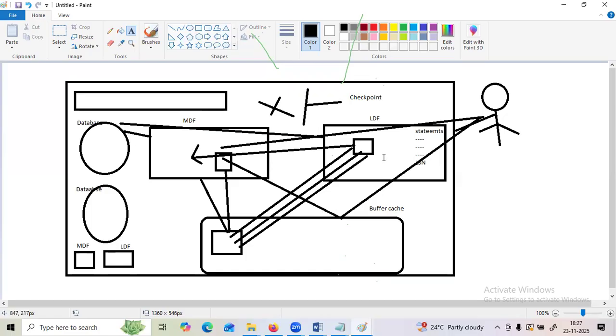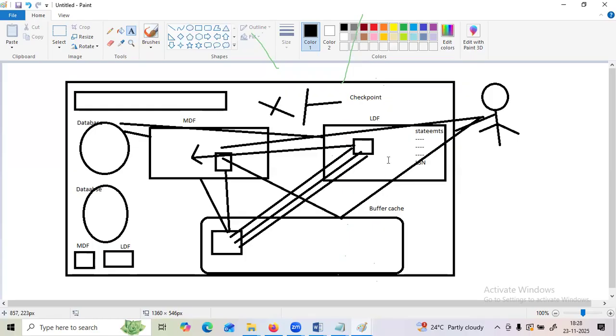Why a failure? A transaction came in and was kept in the buffer cache and in the LDF. In between, the system crashed or restarted. So the transactions that were running, that process got disconnected, and the statements that were executing will go to a failed state.